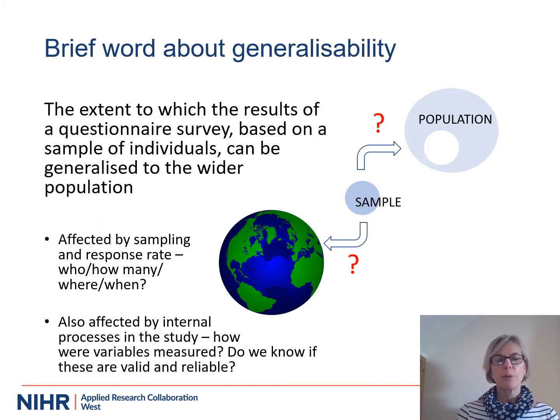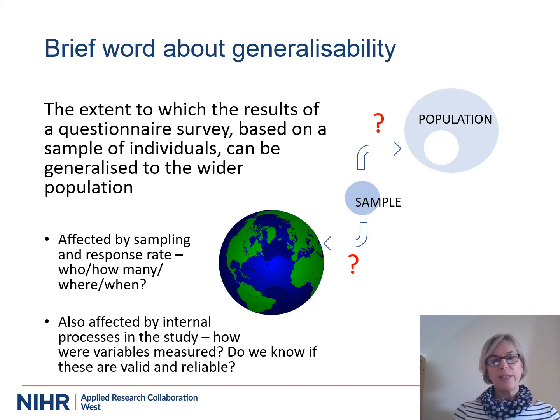And for that reason, I wanted to wrap up this session with a brief word about generalisability, because another term for generalisability is external validity, by which we mean the extent to which the results of our questionnaire survey, which we've based on a sample of individuals, can be generalised to the wider population that we're interested in. In other words, it's about the usefulness of our data and how far we can apply that to others who weren't in the study.